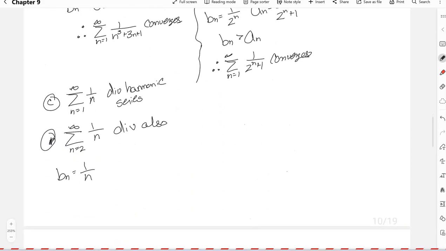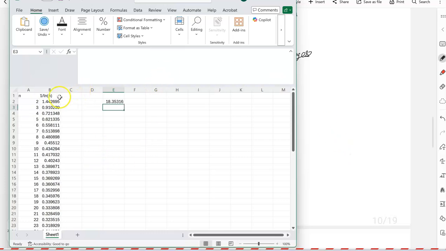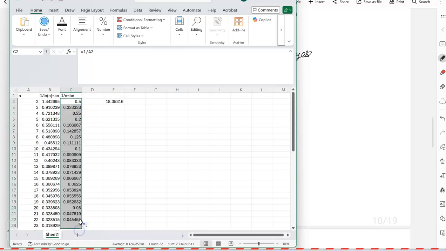So is that true? a sub n is equal to 1 over the ln of n, and b sub n is 1 over n. So did I pick something that's always smaller? And you can see that I did pick something that's always smaller.